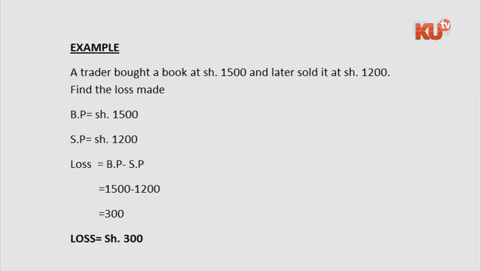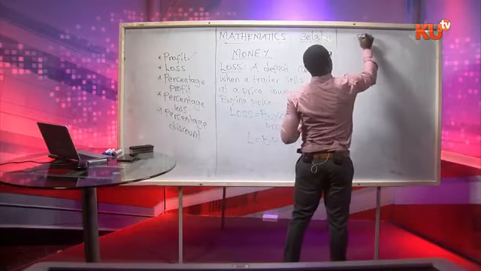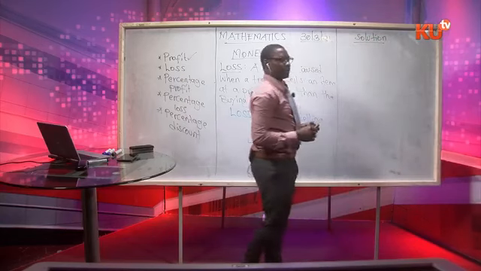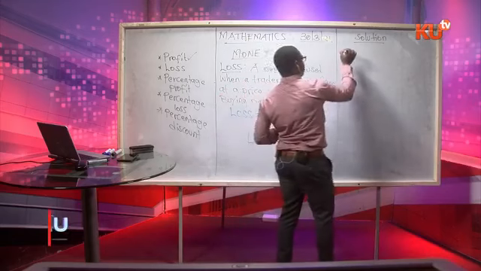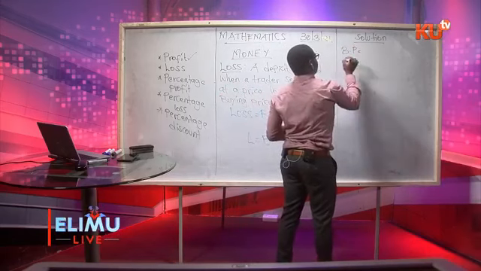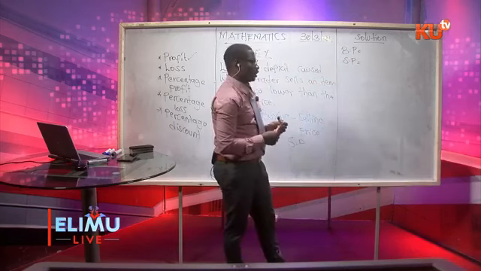So we come and have calculations for the same. Just as when we are calculating profit, we first need to identify our buying price and our selling price for us to get our loss.